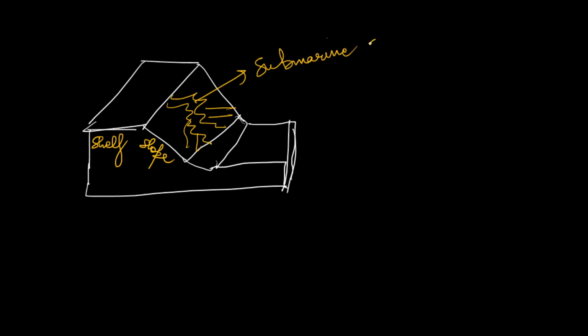You can find submarine canyons. And as the slope is steep, there is no deposition, everything falls down. And when everything falls down, it gets deposited on this part, and this part is known as continental rise. So when these canyons bring down a variety of materials due to mass movements, all these materials get deposited into this part, and this is what is known as continental rise.